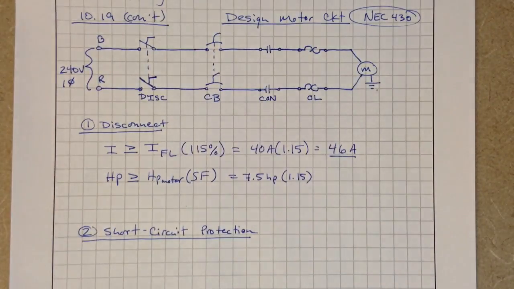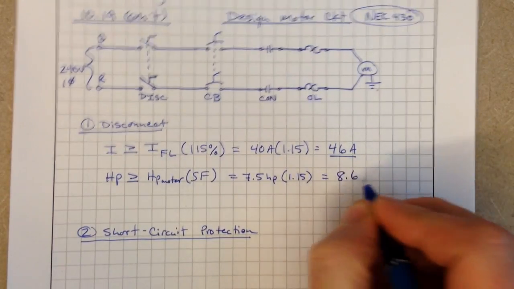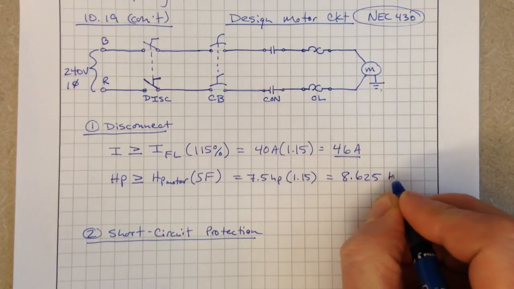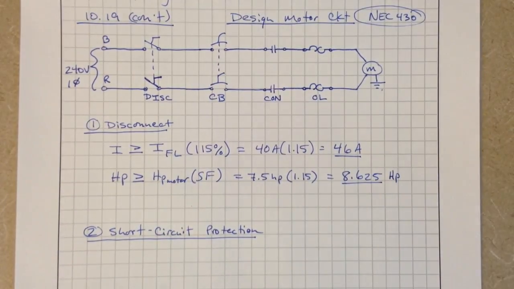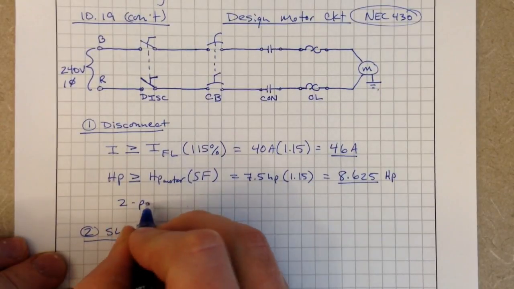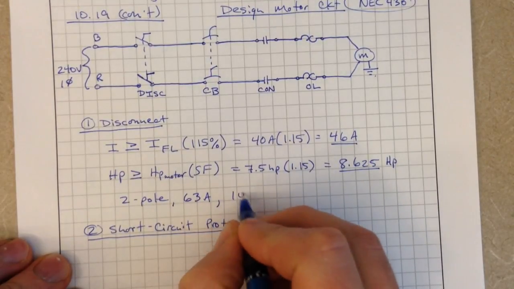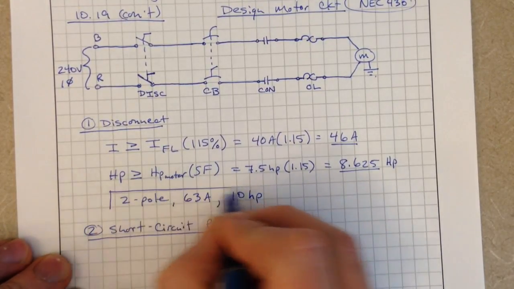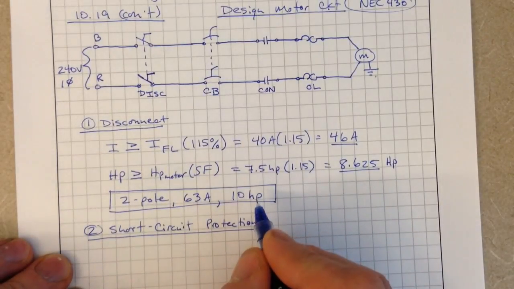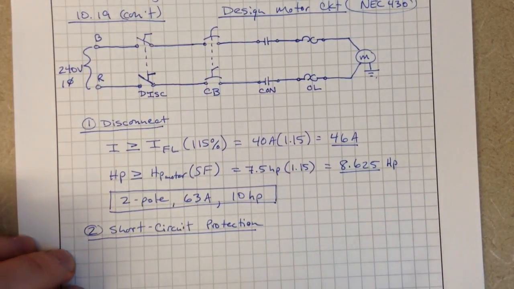So we'll do that calculation, and that comes out to roughly 8.625 horsepower. So we want a horsepower rating that's at least that, and we'll usually go up. Most likely we'll find a 2-pole disconnect rated at 63 amps and 10 horsepower. Most likely you're going to find something in that neighborhood. Really, you just want to get the amperage and the horsepower rating above what these numbers are calculated at.